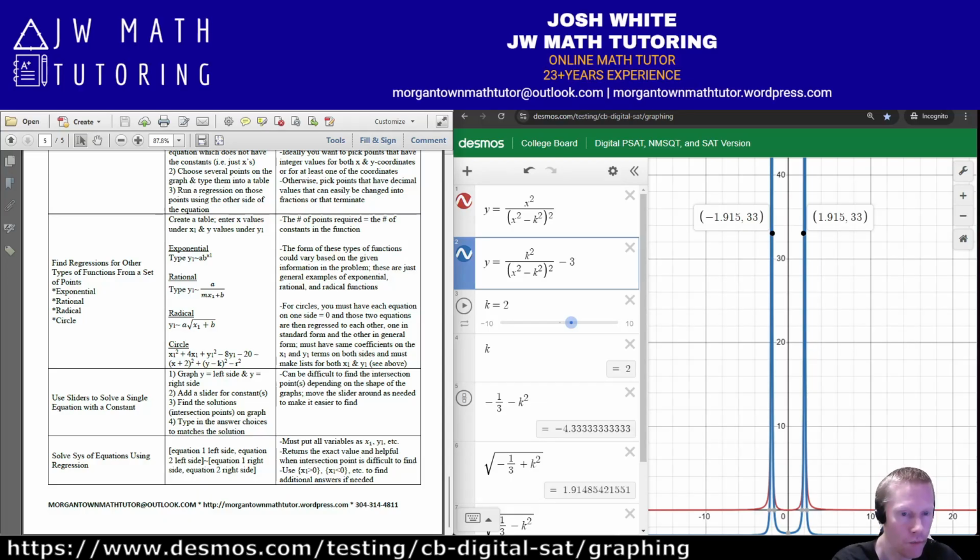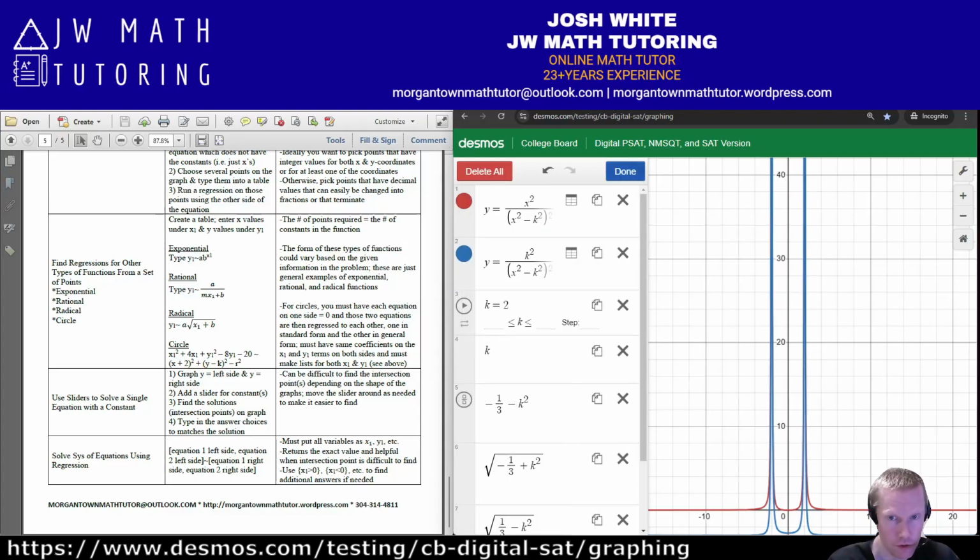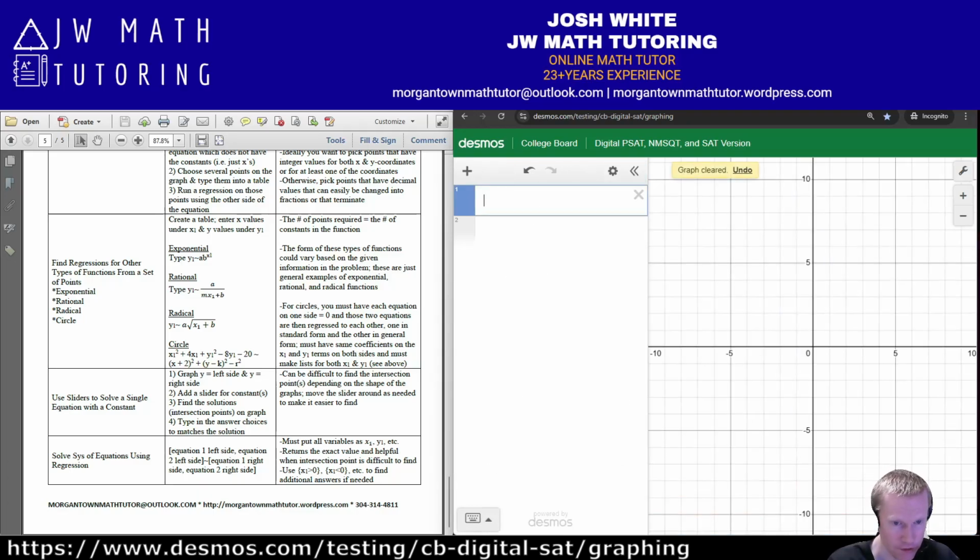The main reason why you would want to do this is because it will return the exact value for x and for y as solutions to your system of equations. Meaning, if the solution has an x or y value which is not an integer or a nice terminating decimal, it'll give you the exact value and allow you to do additional operations with that.